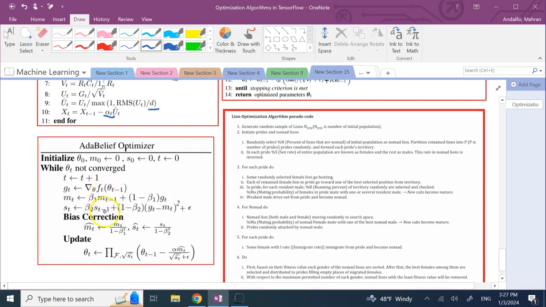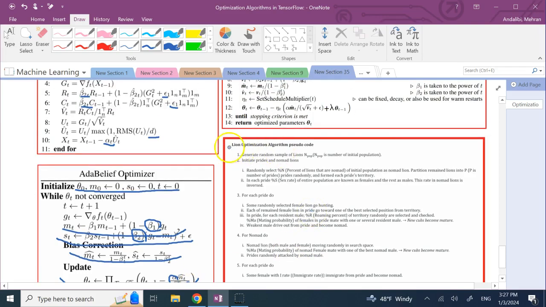It has updates for first and second moments, and some bias correction and updates, so it's quite close to Adam as well. It apparently does not need a ton of things, and it tells you what to start with. I would say this method only needs beta 1, beta 2, alpha and epsilon, so it could also be a good choice.